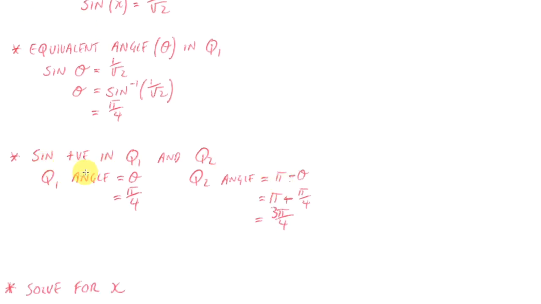I now look at solutions that satisfy the equation for one forward revolution of the unit circle. So I need to consider where sine is positive in the unit circle. It's positive in quadrants 1 and 2. So positive in all for first quadrant, and sine is positive in the second quadrant, so it's quadrants 1 and 2. Our quadrant 1 angle is just theta, and our quadrant 2 angle is pi minus theta.